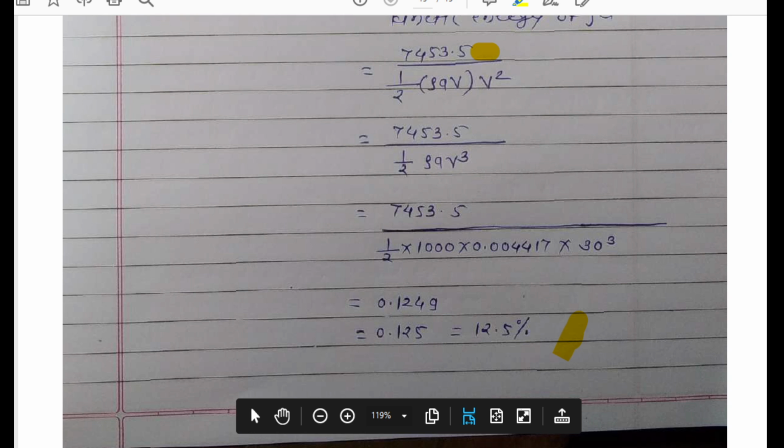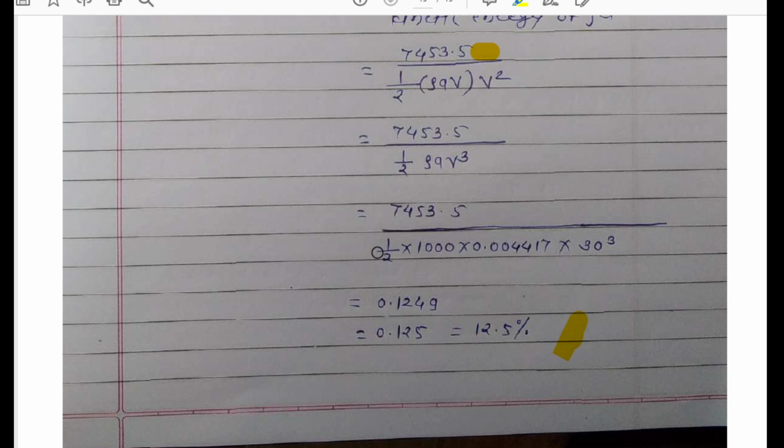Always remember that we have to find out the efficiency in percentage only. How much percentage efficient is that machine, we have to find out. In any machine, efficiency is given in percentage only, and the power is in kilowatt or watt. For that, firstly you have to find out the work done.